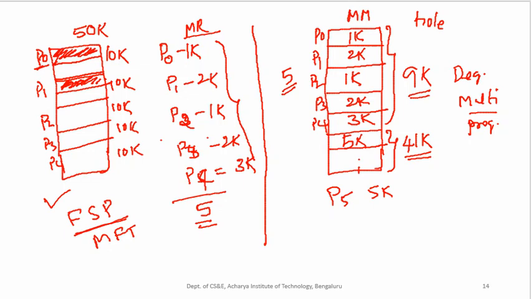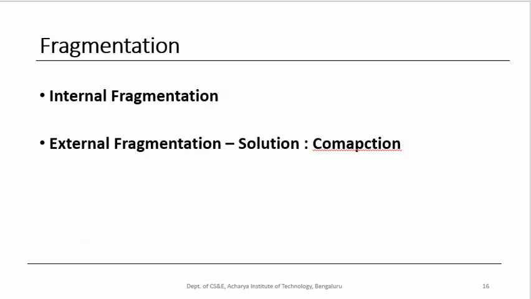Now let's see, both of these approaches suffer from a problem. Let's see what those problems are and how they could be resolved if possible. Okay, let's try to understand what is a fragment and what is fragmentation.